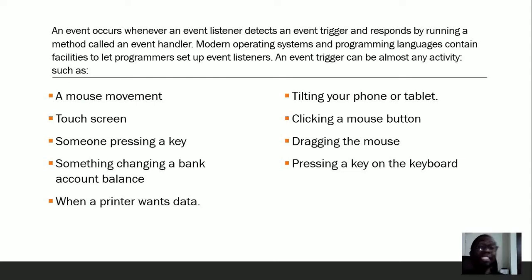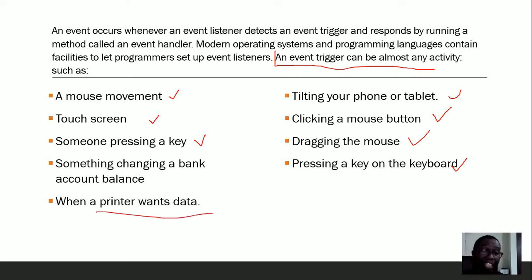So an event can be anything close to the following, more especially when it comes to us and computers interacting. You can be moving a mouse, or touching the screen, or pressing a key, or tilting your tablet or phone, or clicking a button, or dragging a mouse, or pressing a key on a keyboard, or it can be when a printer wants data.